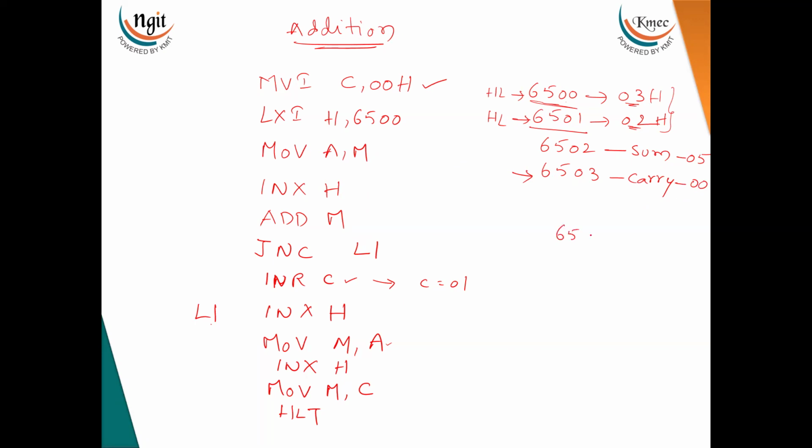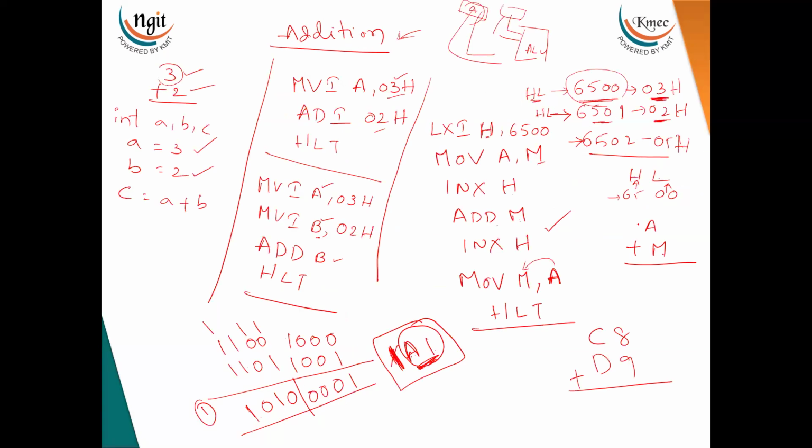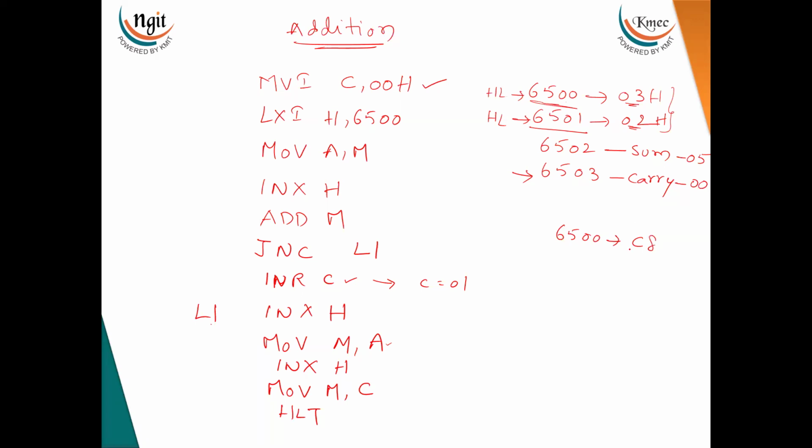Otherwise, in the previous example, I had taken C8 and D9. With C8 in 6500 and D9 in 6501, in 6503 I will get the carry 01, and in 6502 I will get A1. These are all hexadecimal numbers. So this is the complete result: carry is this one and sum is this one, and we have to consider the sum along with the carry. So this is the program for the addition.